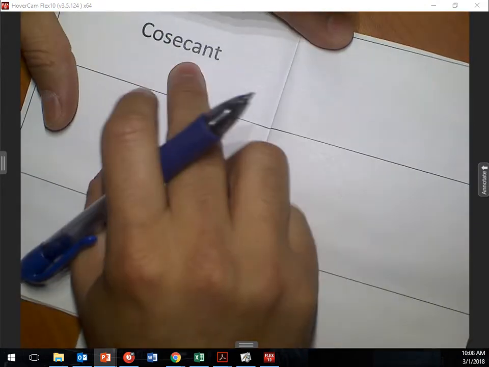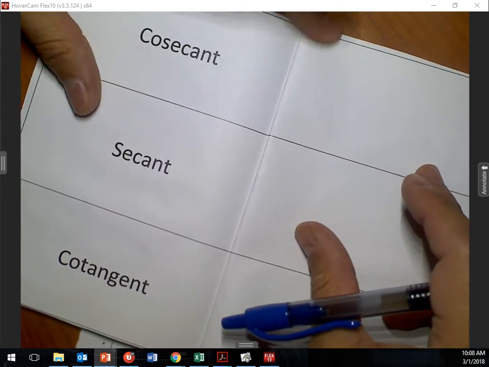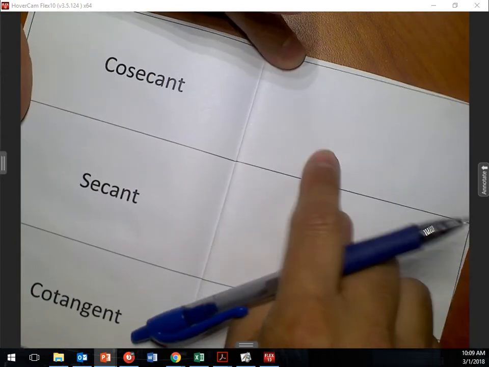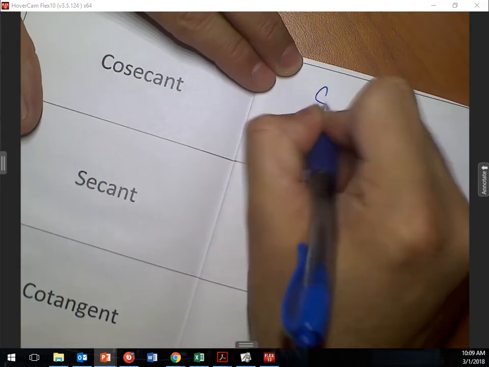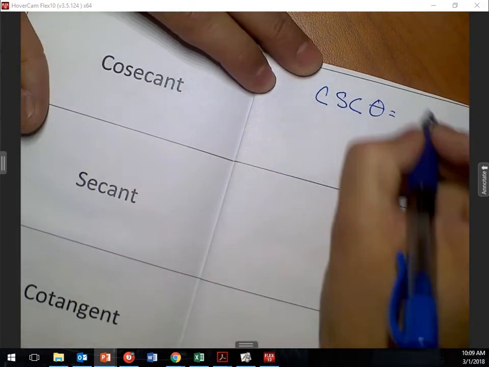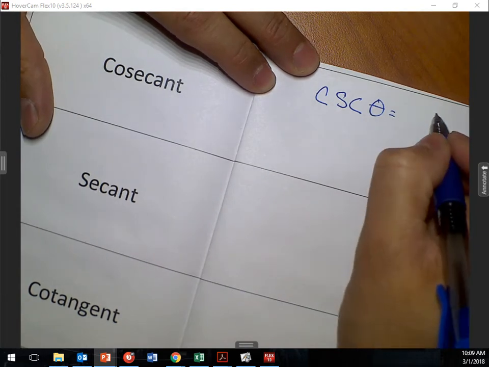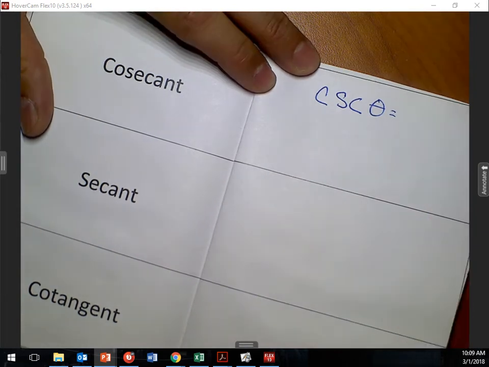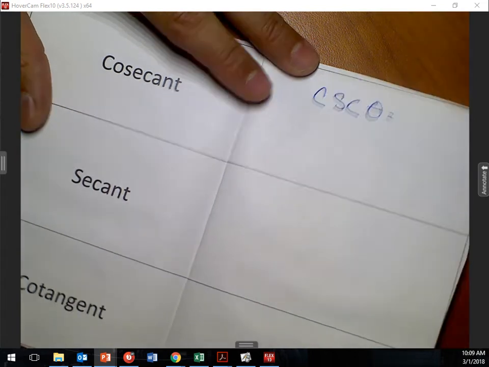Okay. Cosecant. Now I'm going to write the abbreviated version of it here. Cosecant is CSC theta. What was cosecant? It's on our thing. Very good.